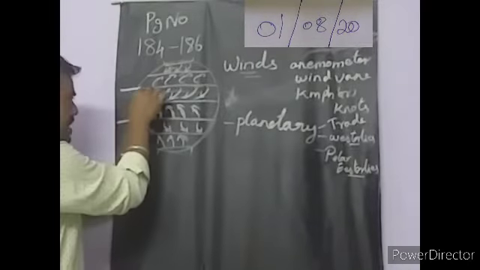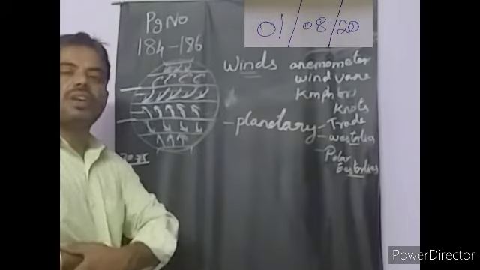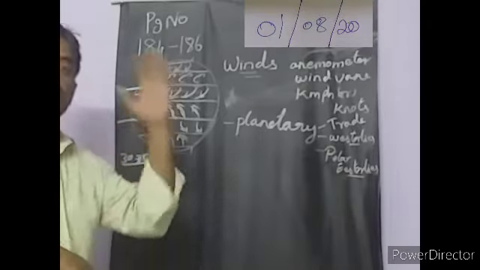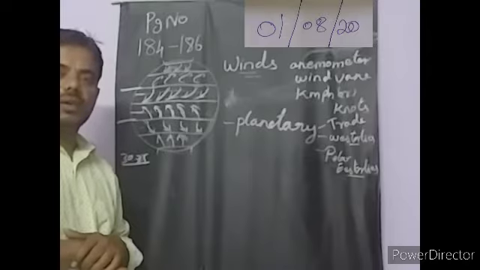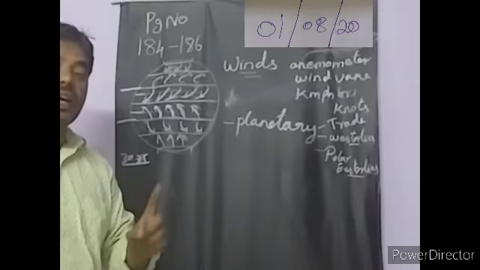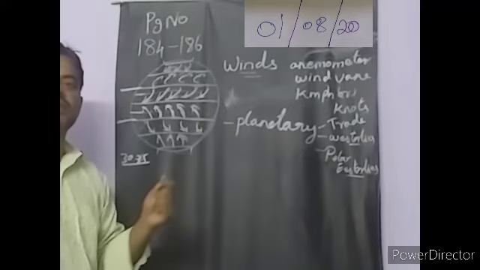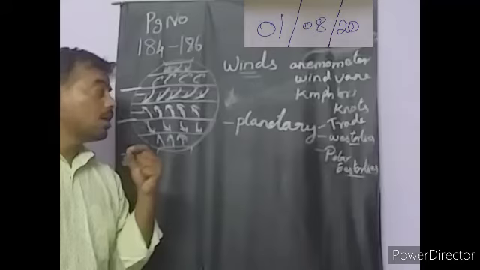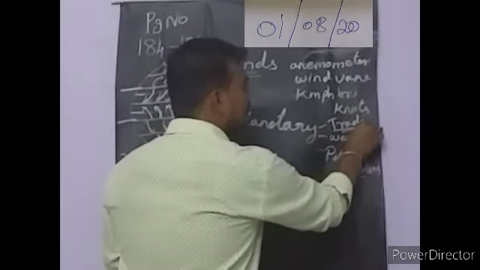This wind is especially helpful for trade. Nowadays we have ships driven by very big engines. But in olden days, we did not have any technology or machines, so they used the wind to travel to certain countries. It was used by so many merchants, so it is called the trade wind.